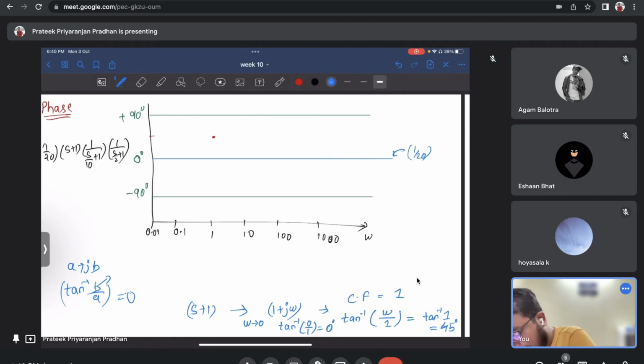And for high frequency, omega tends to infinite, it's tan inverse infinite, which is positive 90 degree. Okay, clear? That means for low frequency, it will be 0, then it will come to this, and finally settle at 90 degree for any high frequency. This diagram is clear to everybody? This is for S plus 1.